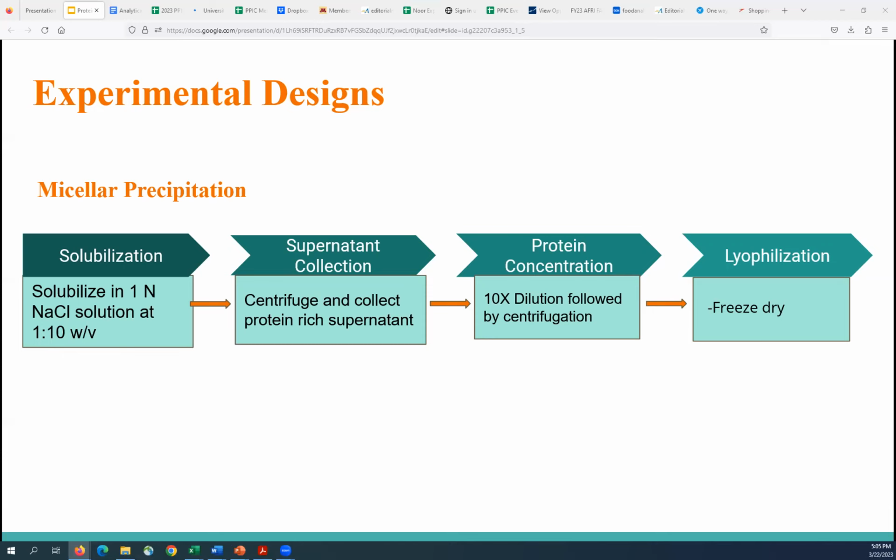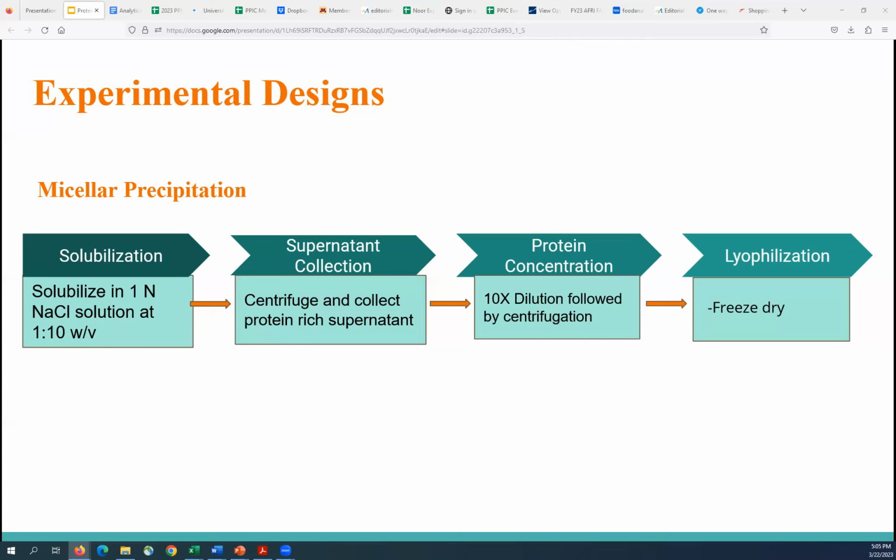Then they dilute that supernatant with water again. After that, they centrifuge to collect the protein. Okay, that explains micellar precipitation.